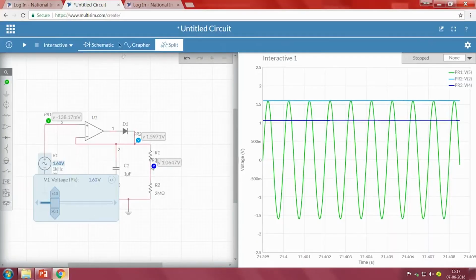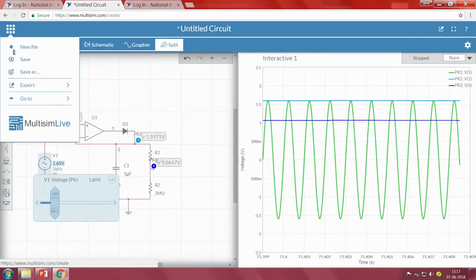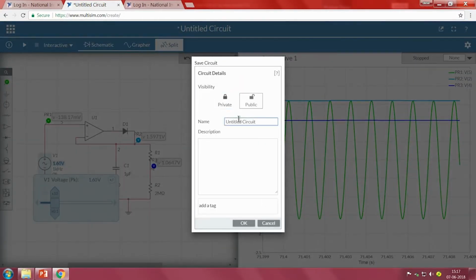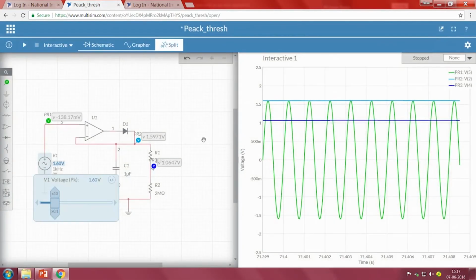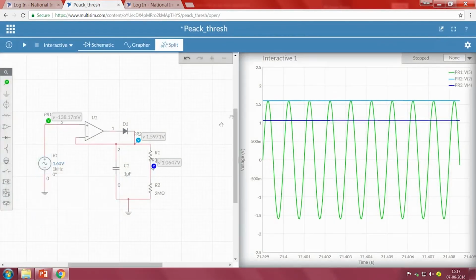I will go to Multisim once again. Let me save this circuit. I am opening a new file, or to this itself we can create an extension of it by using another comparator.